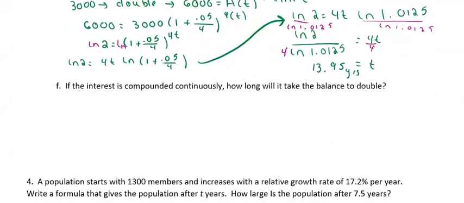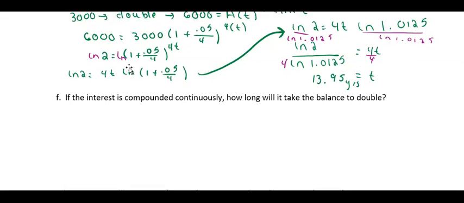Let's see what happens for part F. If the interest is compounded continuously, how long will it take for the balance to double? Well, here we go. We need it doubled, so we need our amount to be 6,000. We started with an initial principal of 3,000. We have our continuously compounding formula, which was our A of t equals PE to the RT.